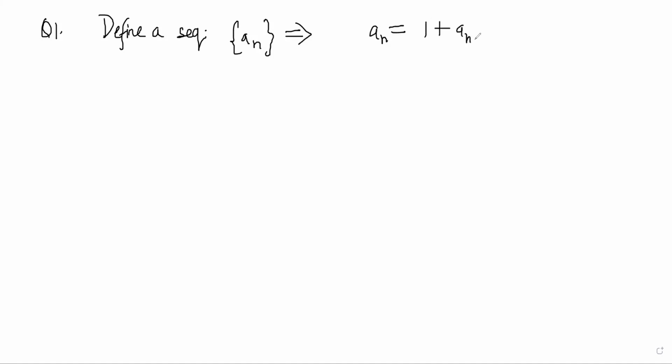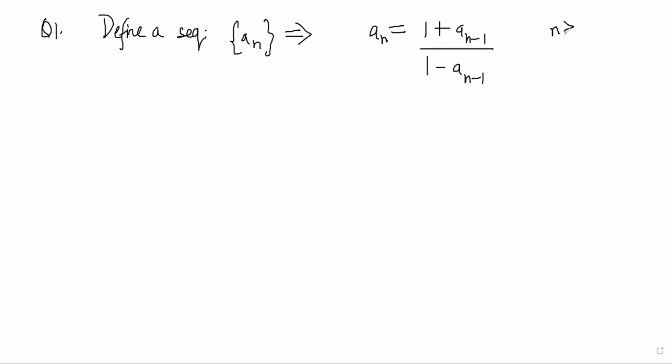Basically, the first question on periodic sequences that I want to discuss is this one. Define a sequence a_n as follows. a_n is equal to (1 plus a_{n-1}) by (1 minus a_{n-1}).